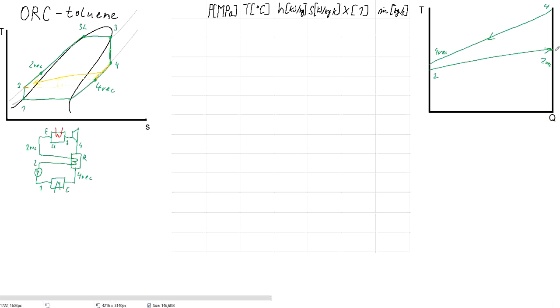It is caused by the fact that the vapor has lower Cp, lower specific heat capacity, than the liquid. So the vapor will need to undergo larger temperature change.